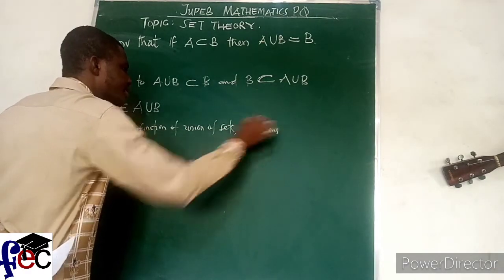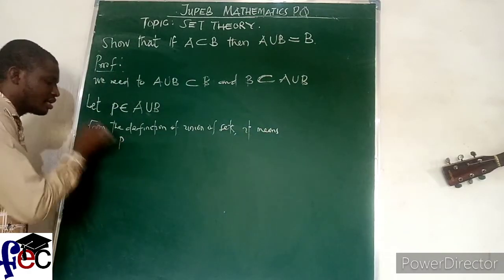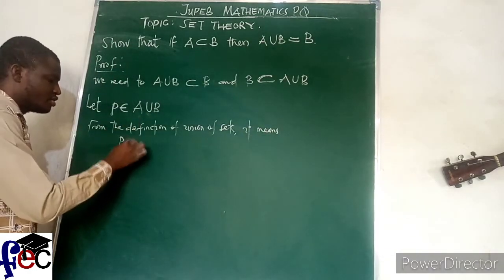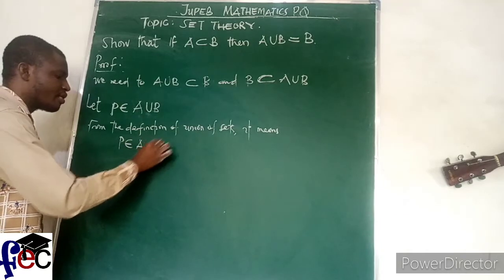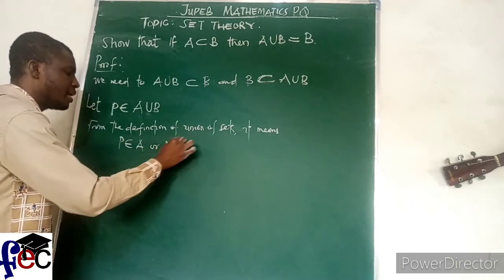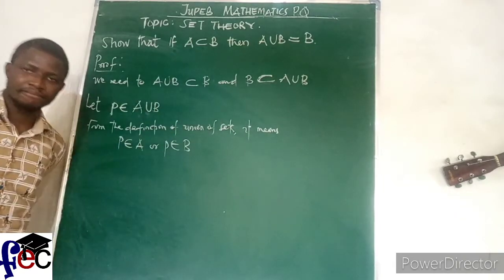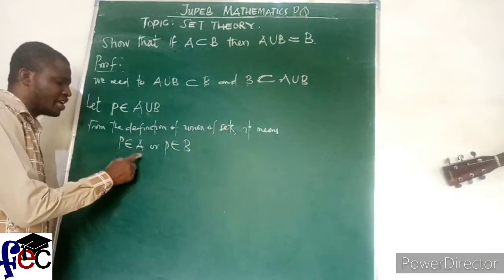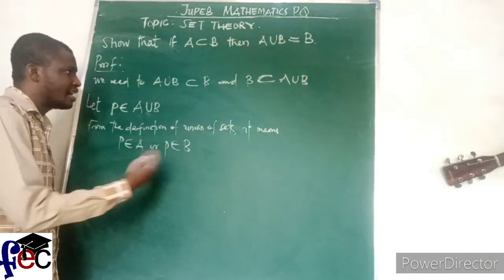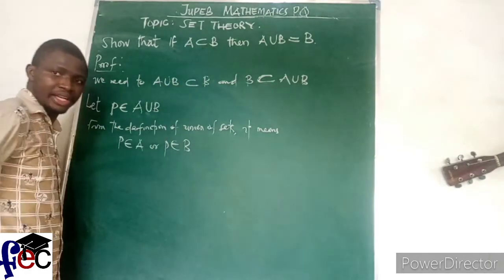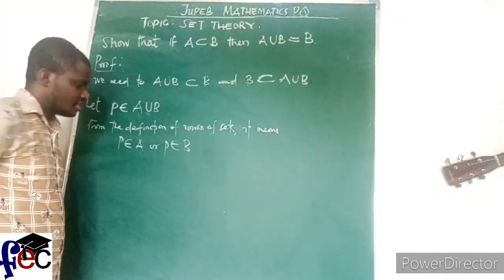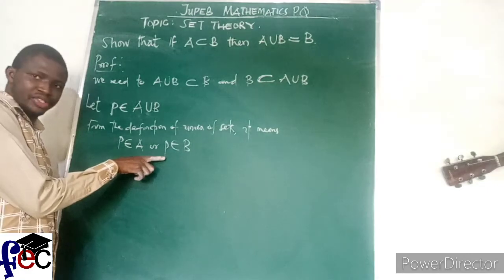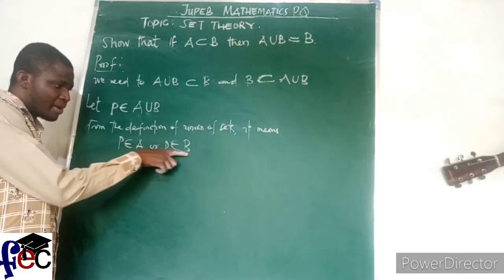It means that P is going to be a member of A, or P is going to be a member of B. Do you see that now? So if P is a member of A or P is a member of B, how do I show that it is a member of B? Do you see that it is already obvious that P is a member of B?